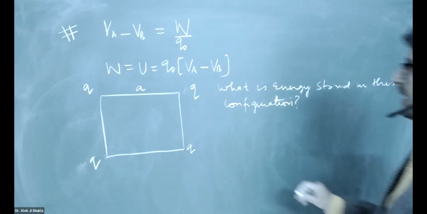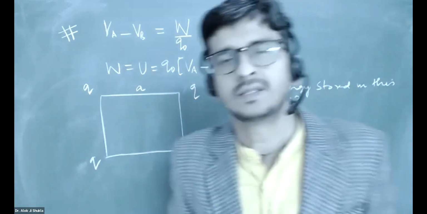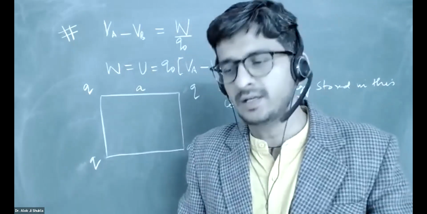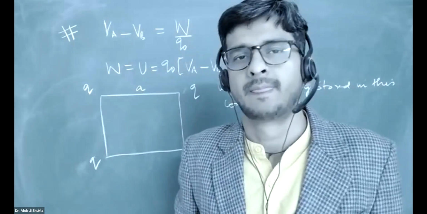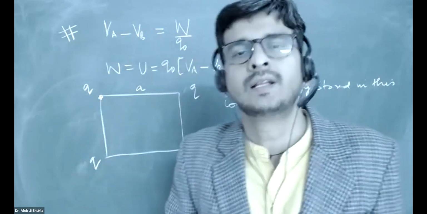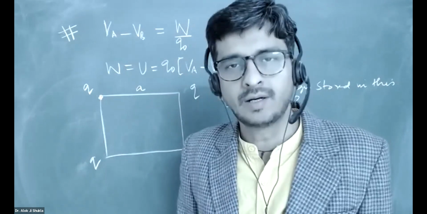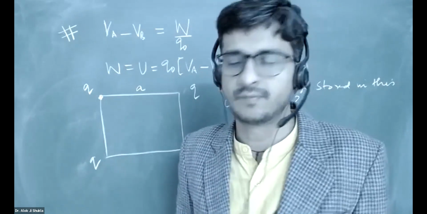So how do you calculate it? You start bringing one single charge from infinity to a point where they are located, and calculate the work done in doing this, and then add all the work. That will give you the energy of the configuration.